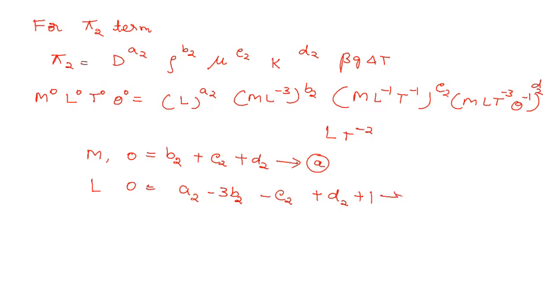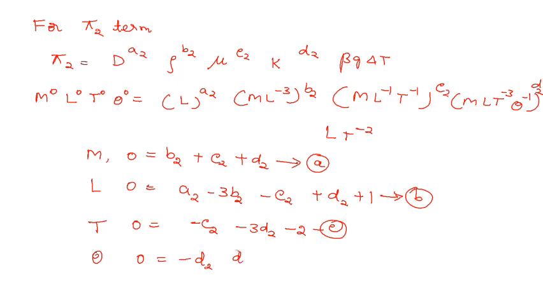So I've got the equation b for the pi 2 term. Similarly, equating T, I'll get 0 is equal to minus c2 minus 3d2 minus 2, and I'll name this equation c. And the fourth one, that is theta: 0 is equal to minus d2. I hope you understood how to equate it, and we have done this in the fluid mechanics subject also, and I name this as d.